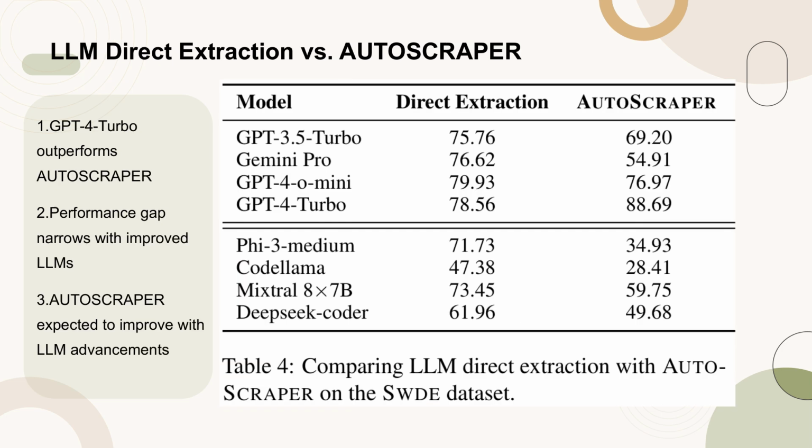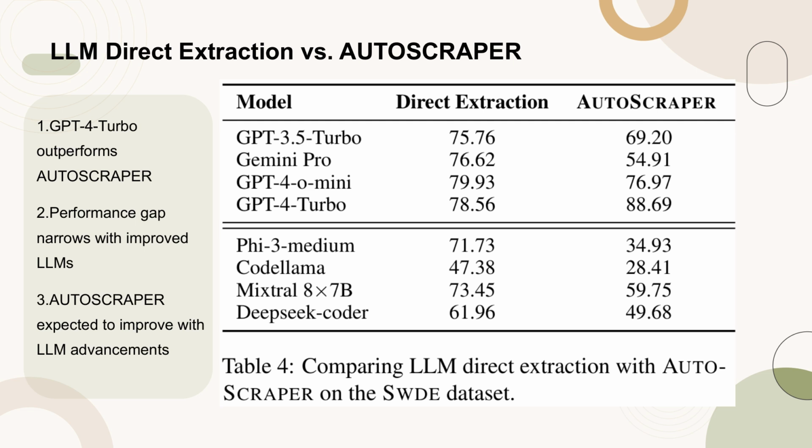Table 4 compares the direct extraction performance of various large language models, LLMs, with that of AutoScraper on the SWD dataset. It reveals that, except for GPT-4 Turbo, all other LLMs exhibit superior extraction performance compared to AutoScraper in direct extraction settings. However, as LLMs improve, the performance gap between the two methods diminishes.